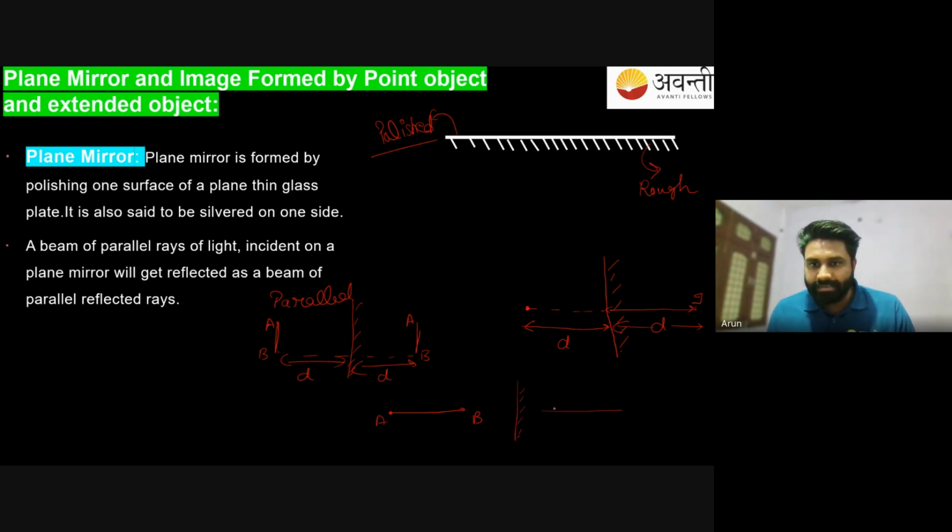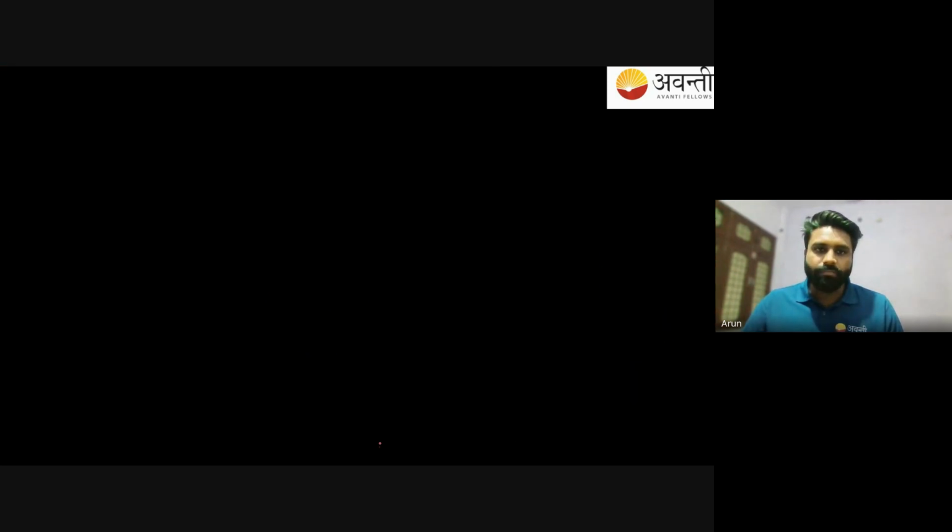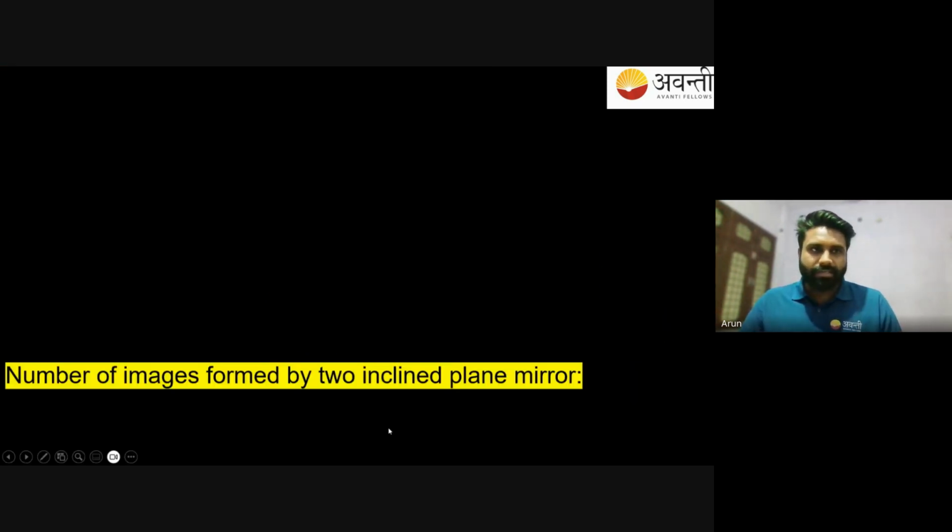It will just reverse it. First the image of B will form, then A, at the same distance. That is the only difference. This is for the perpendicular placed one. Got it? Now, if you have any doubt, you can ask.